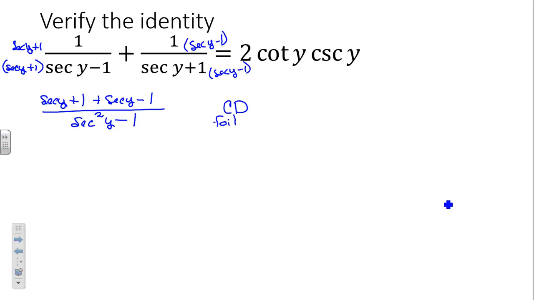Okay. So now we recognize that secant squared y minus 1 as the tangent squared, right? The denominator is going to be tangent squared by a Pythagorean identity. So in the numerator, secant of y minus 1 plus 1 is gone, right?